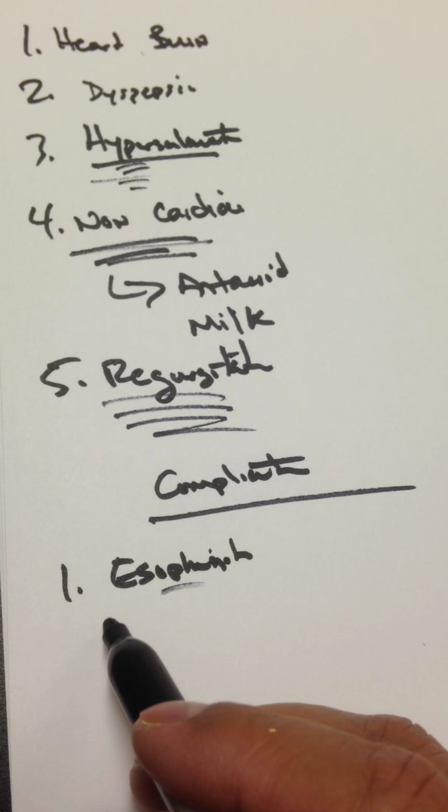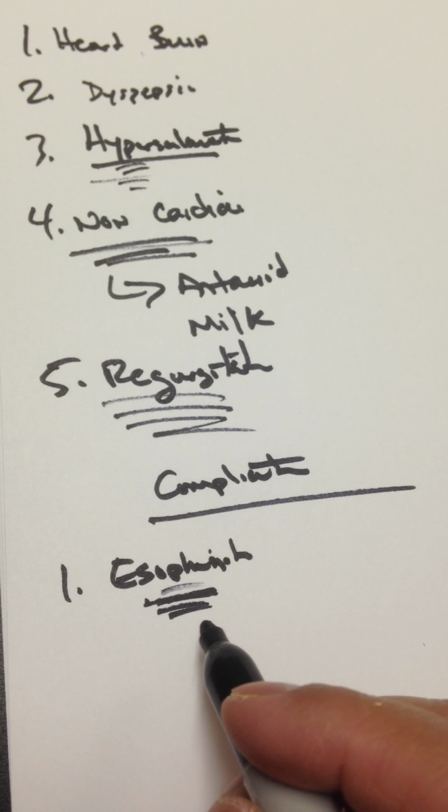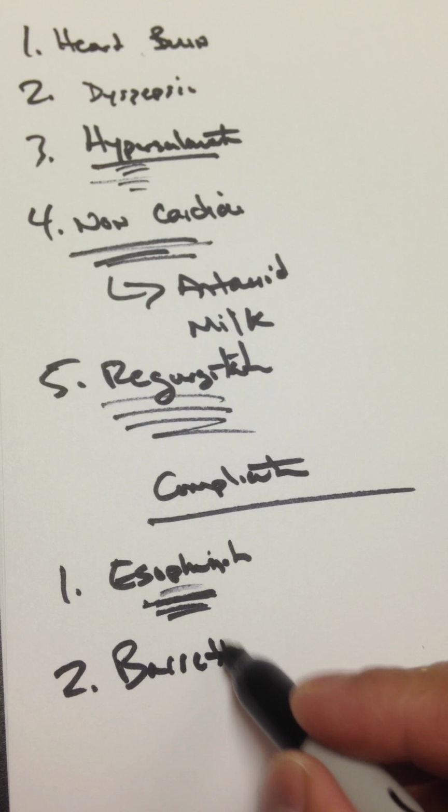Now, if this problem is not taken care of, or if this occurs for a prolonged period of time, then you can end up with something called Barrett's esophagus. So make sure you know this for the NCLEX.